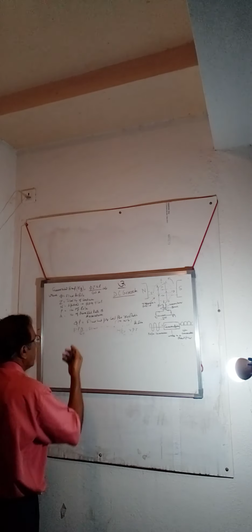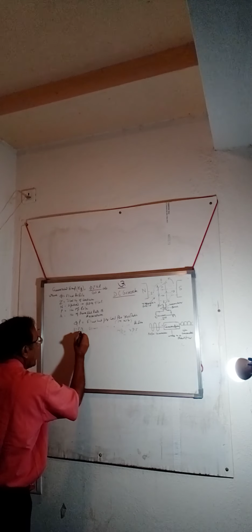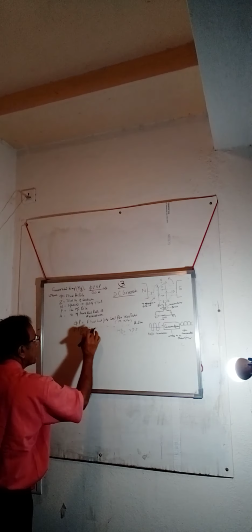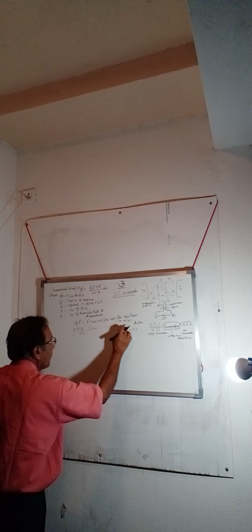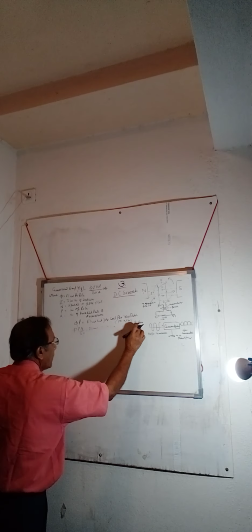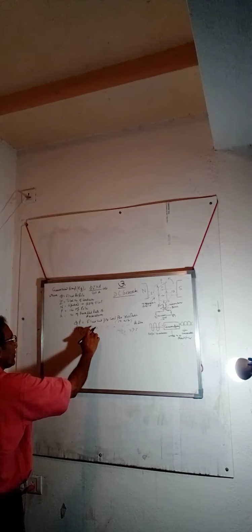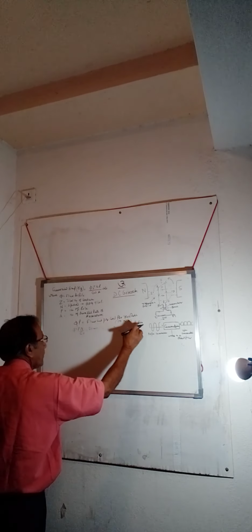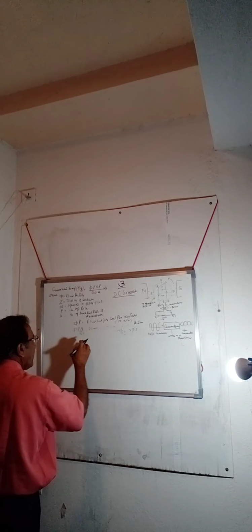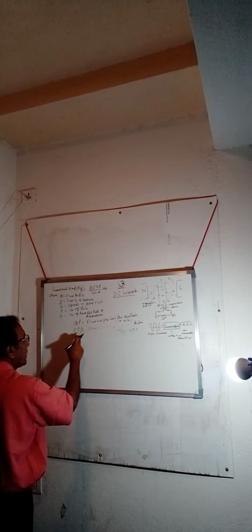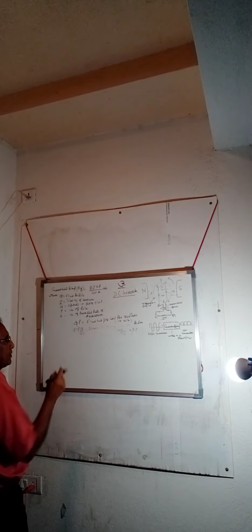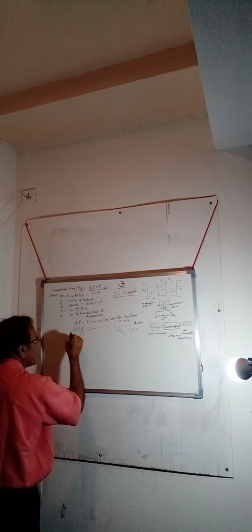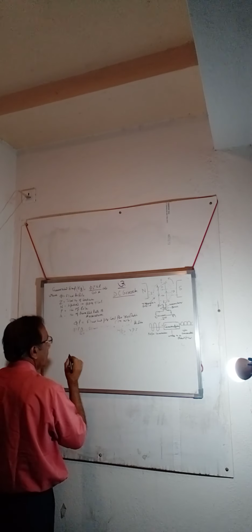Now there is phi P N by 60. This is the flux cut per coil per second. The flux cut is phi P N by 60 Weber per second.